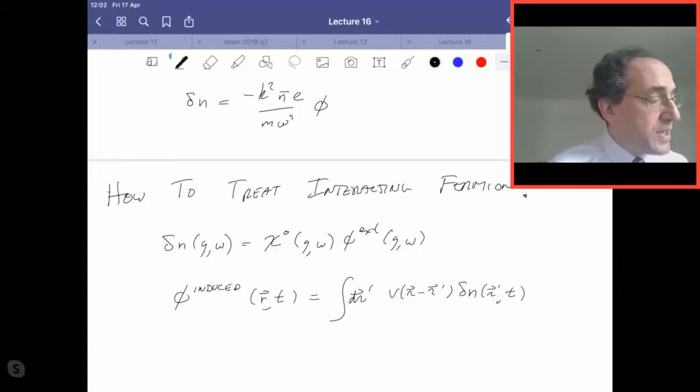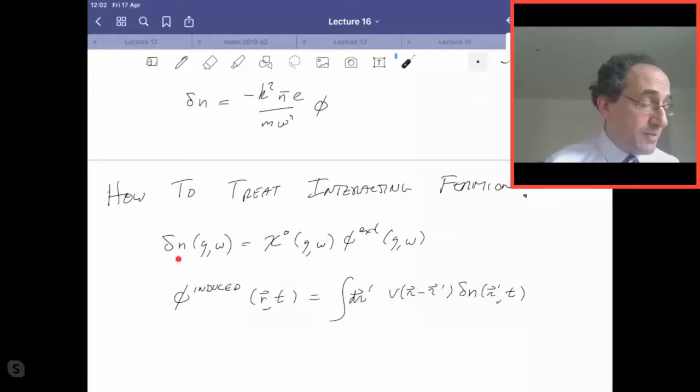So in other words, our scheme here is going to allow the system to respond as if it's non-interacting, but then once it responds, it builds up some delta n, and then an additional potential is induced by the change in n, and we're going to allow the system to respond to that as well.